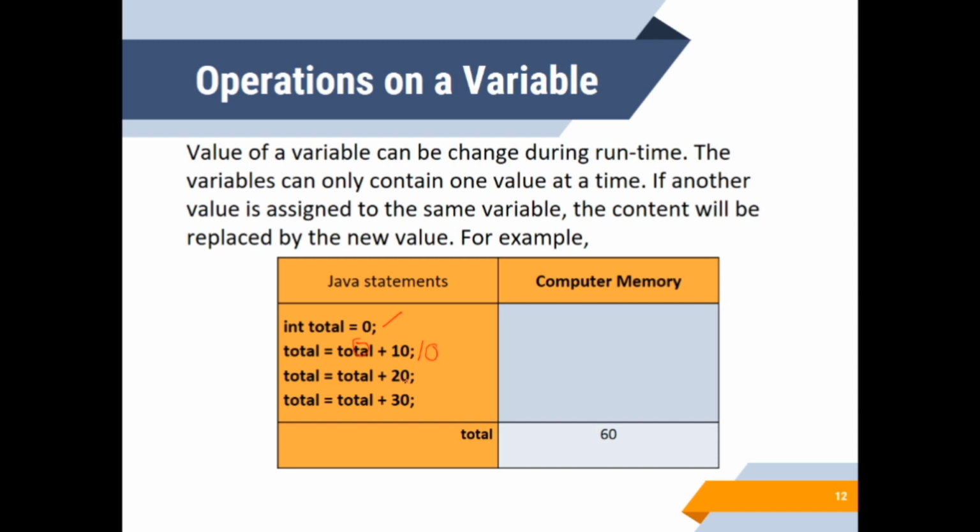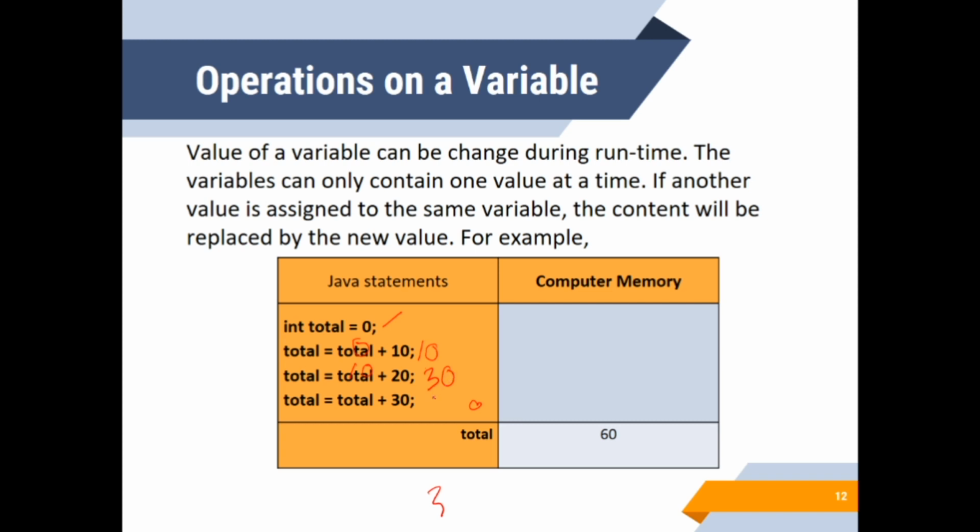After that, we continue with the next statement. Total equal to total plus 20. So total is no longer 0 but 10 plus 20, equal to 30.